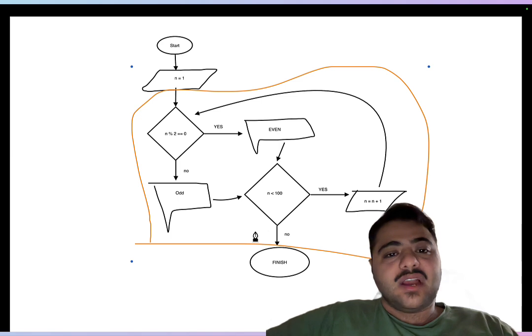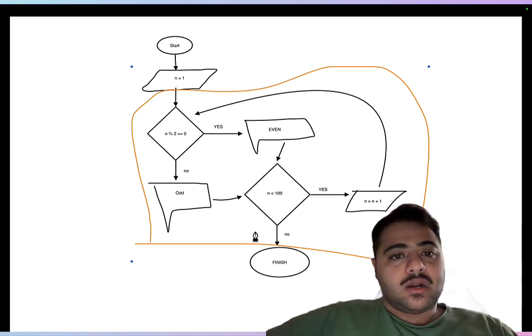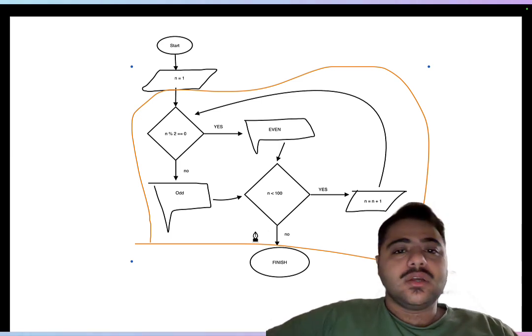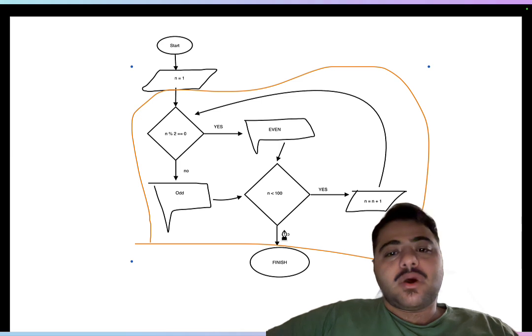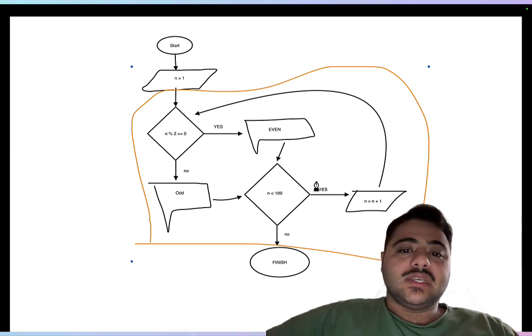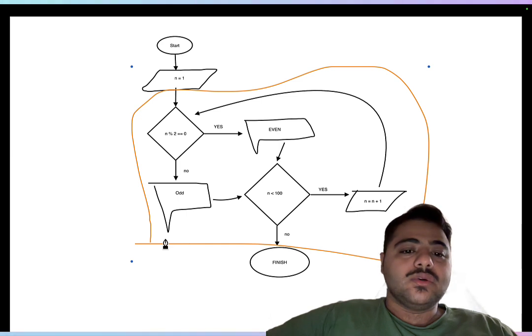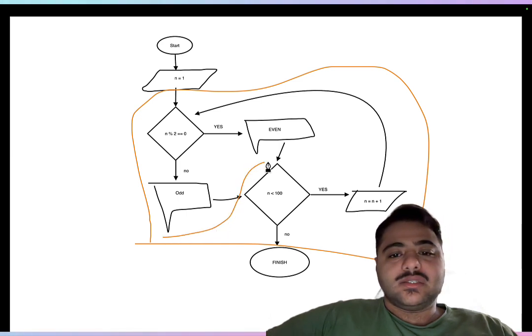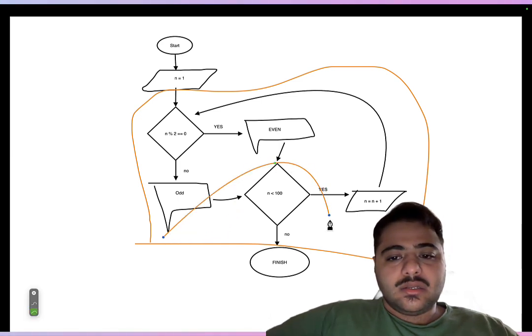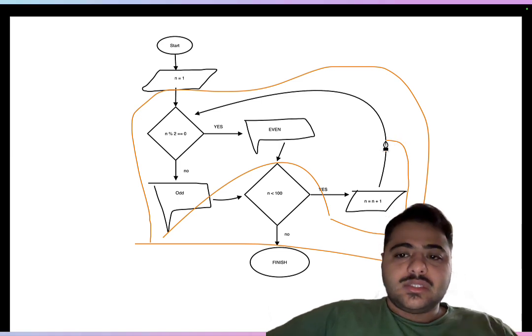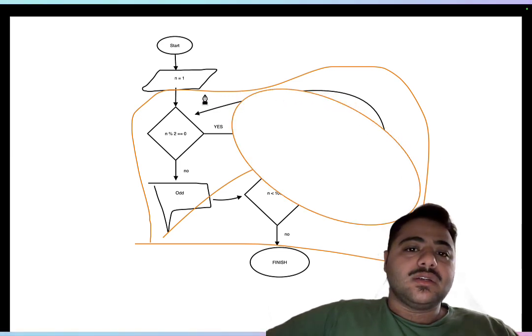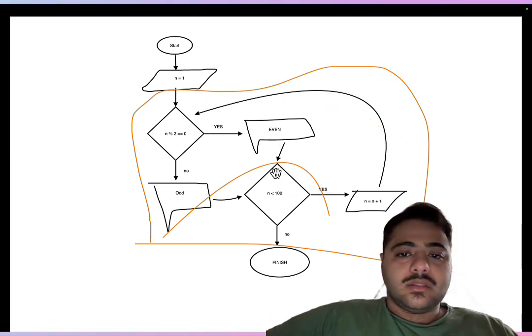Basically speaking, I said loops are made of 2 parts. The first part is the instruction that we do in the loop. In this case, these are the instructions that we're doing here.